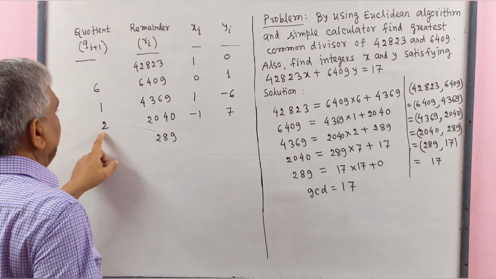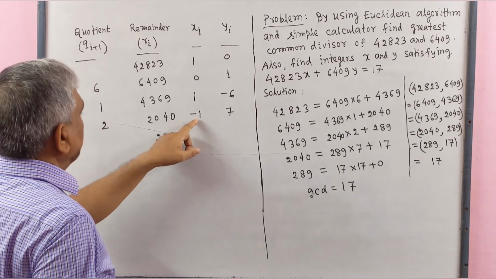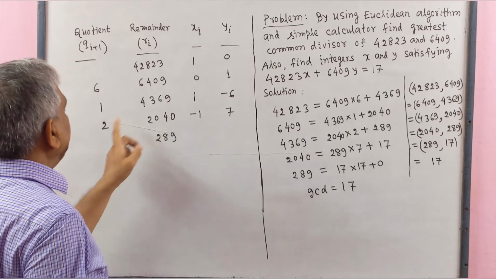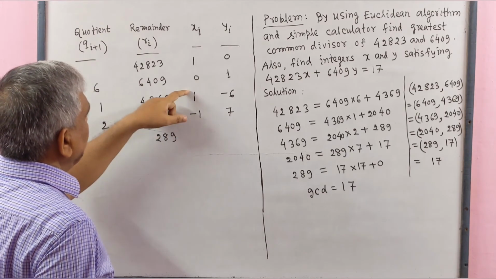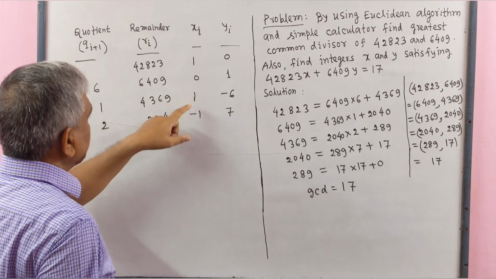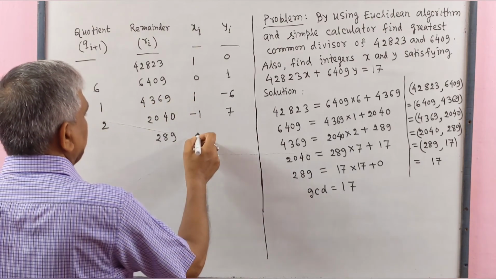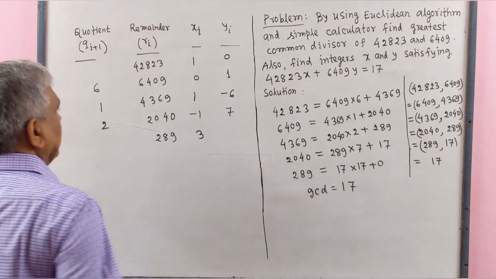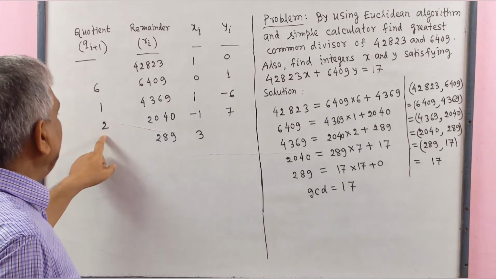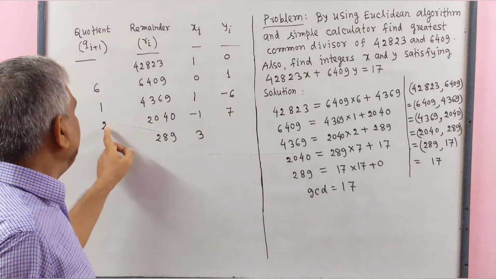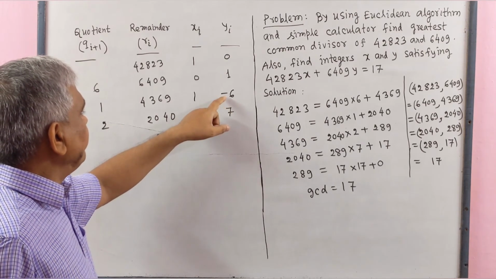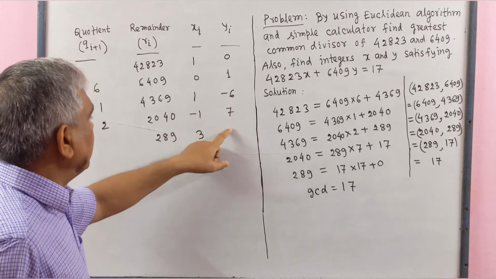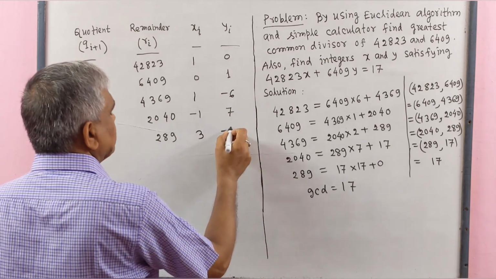We multiply 2 with minus 1, we get minus 2, and 1 minus minus 2 equals 3. We multiply 2 with 7, 14, then subtract from minus 6, and we get minus 20.